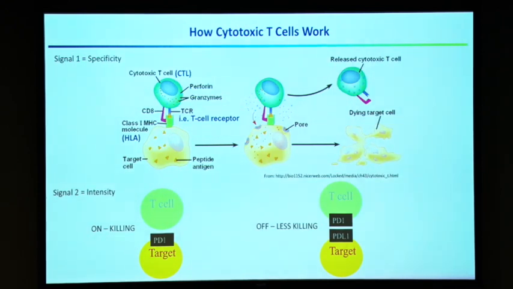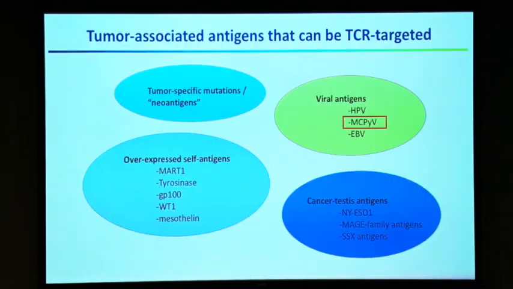There's a signal 2, here characterized very simplistically by PD-1. If PD-1 is expressed on the T cell, it can bind to PD-L1, and the signal is turned off. And that, you'll see, has implications for Merkel cell polyomavirus that we have been targeting.